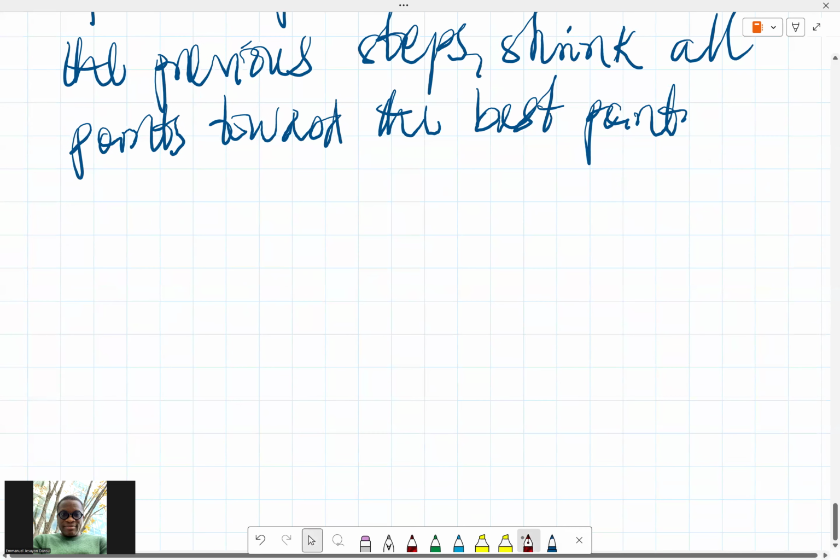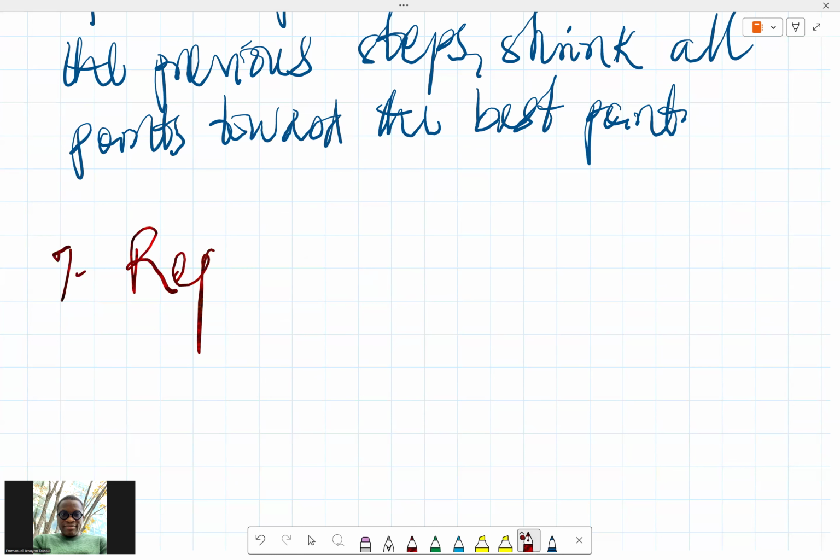And then step 7, of course, you repeat until you get what you want. Step 7, repeat the process.